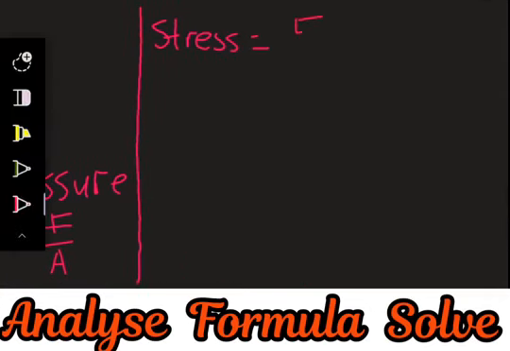So we'll just substitute the values. 500 divided by the area, which is given to us as 0.2 meters squared.